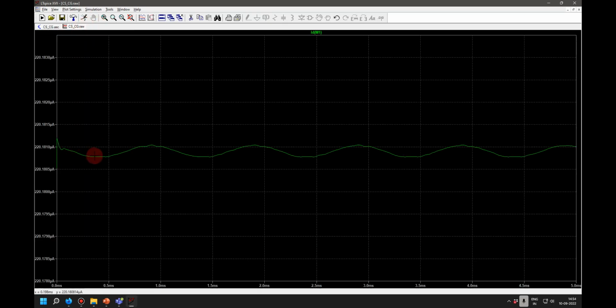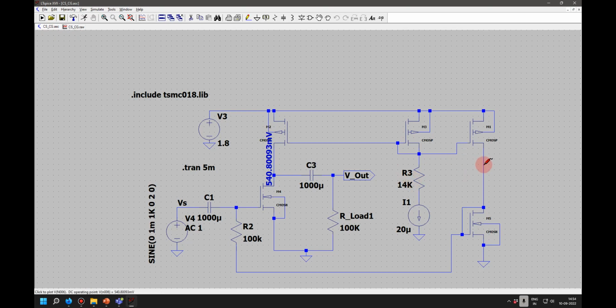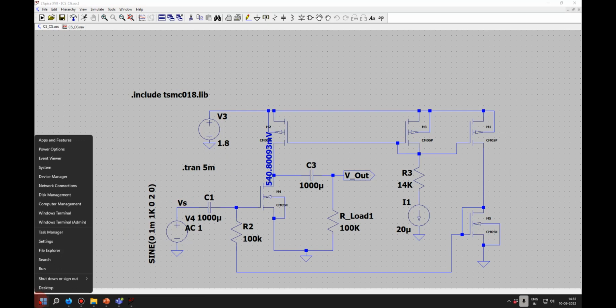So it is around 220, right? Instead of 200, I am getting a slightly higher current. Now if I try to plot the current out here, okay, let me change the mouse size.